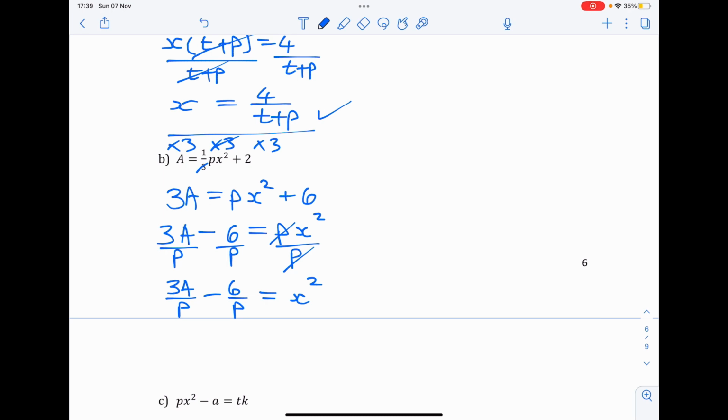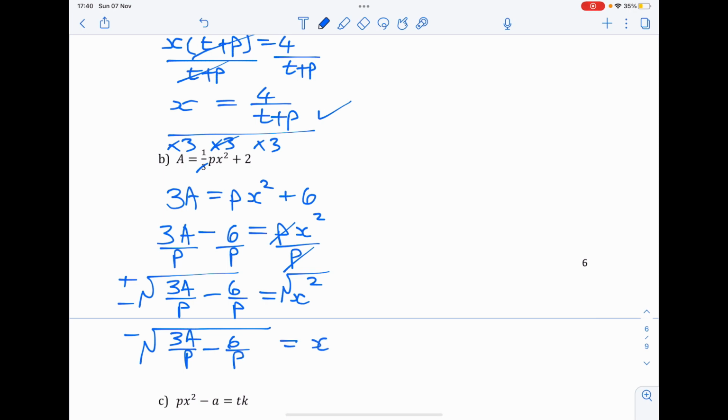Now we want to get x by itself, so we square root both sides. But when we square root both sides, we've got to put a plus minus in front of the root sign. So your final answer is 3a over p minus 6 over p, all rooted, equal to x, with the plus minus in front of the root.